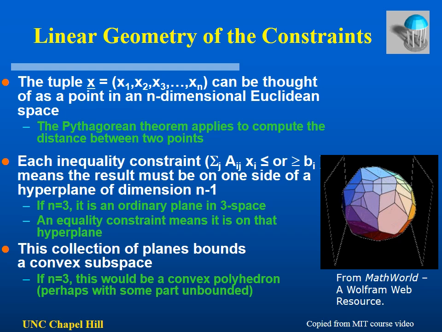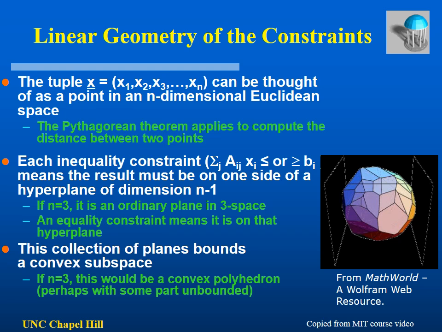Now we have these inequality constraints, m of them. Each less than or equal to constraint, we'll worry about the equal ones later, says that the point has to be on one side of some plane. Likewise, each greater than or equal constraint says that the point has to be on the appropriate side of that plane.